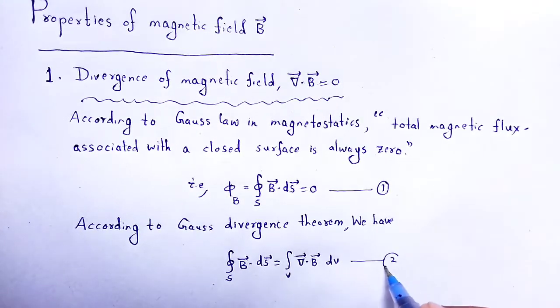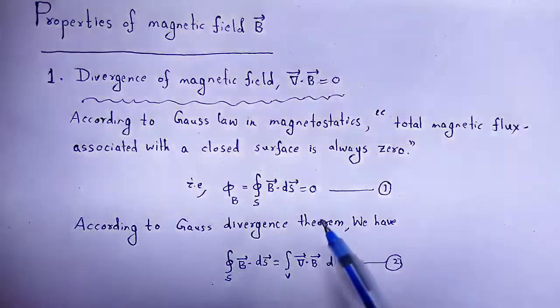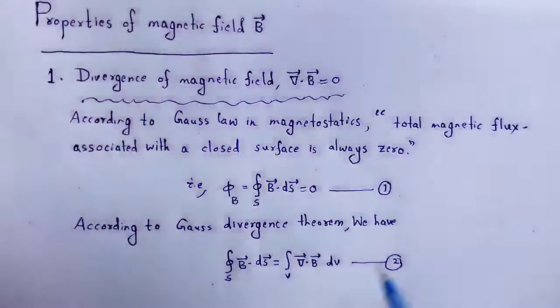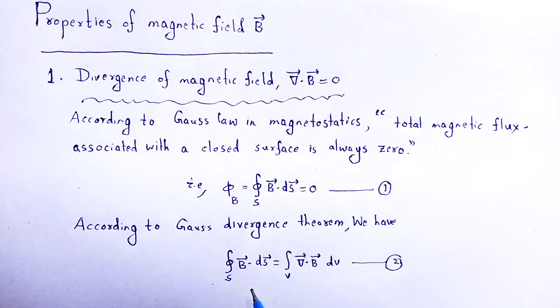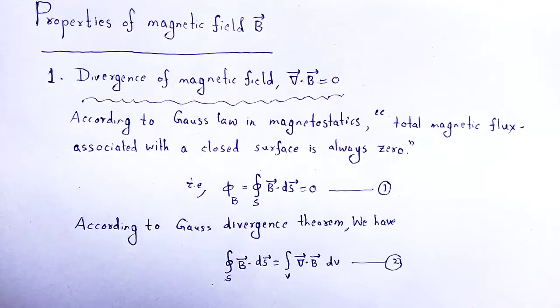Equation number 2. Now comparing these two equations, here the closed surface integration of B dot ds is equal to 0. Here the closed surface integration of B dot ds is equal to integration over that volume grad dot B.